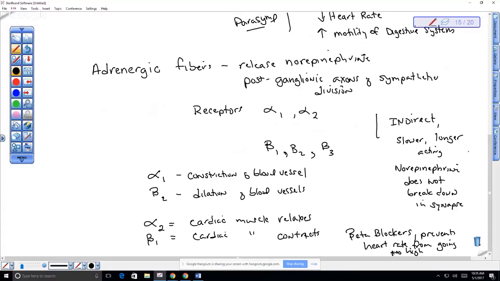Now the problem when you take beta blockers is that sometimes it inhibits your ability to move quickly. For example, if you're on beta blockers and you want to run up a flight of stairs, you'll start running and your heart will not be able to keep up. It won't go fast enough to pump oxygen to your muscles.